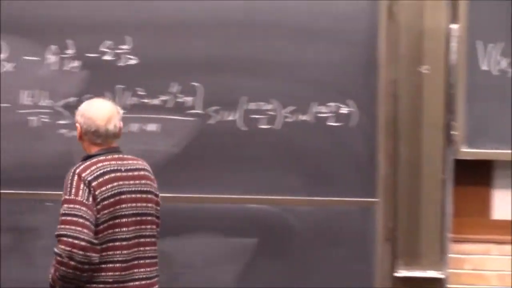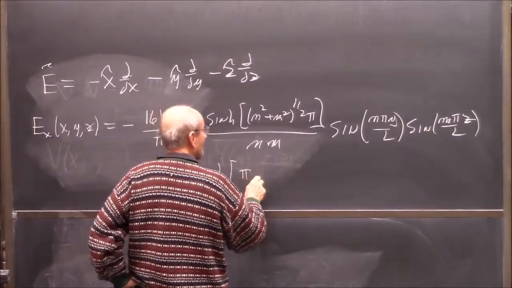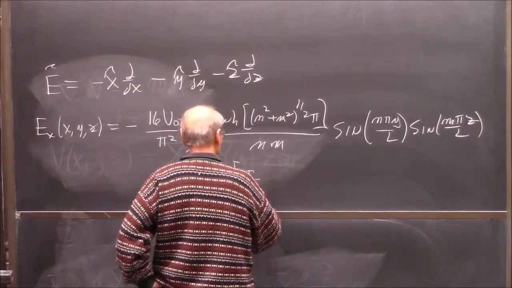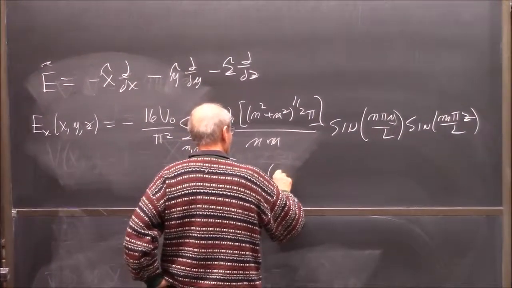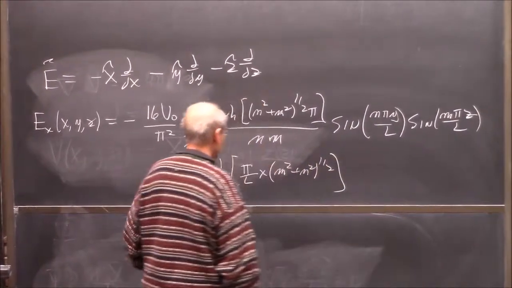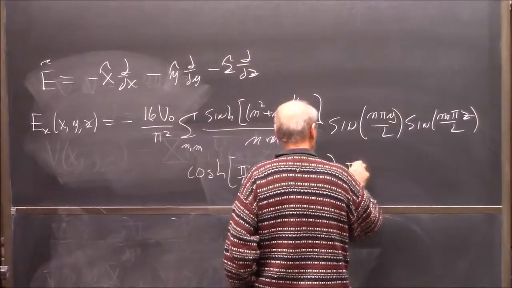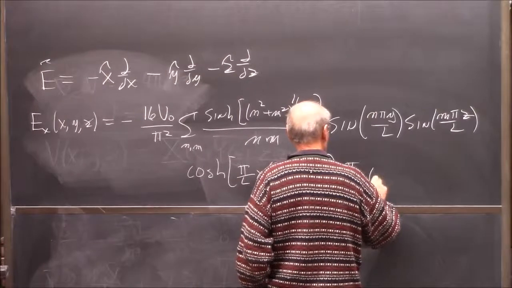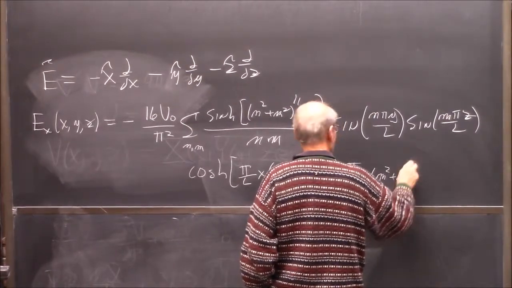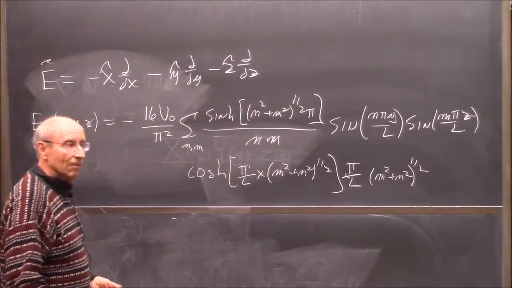And so we will have hyperbolic cosine of pi over L x times square root of m squared plus n squared. And then I have to multiply by that and that. So pi over L times square root of m squared plus n squared. So that will be the electric field.